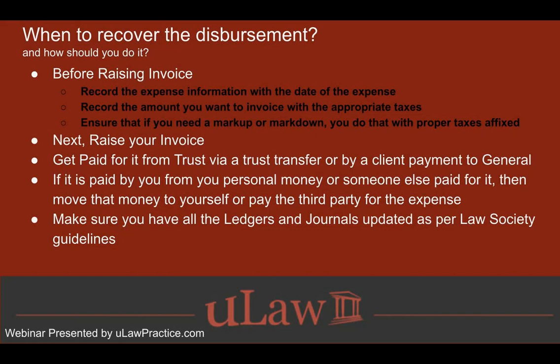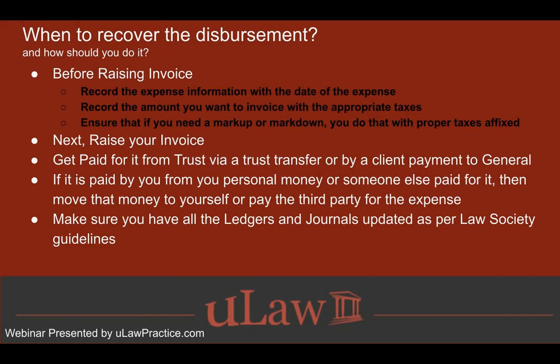I'm not willing to confuse here, but I'm just looking to share the point of view that if there is a payment out of your general account for this disbursement purpose, it has gone out of your general and you should be recording it as a disbursement paid out of general. It cannot be disbursement paid out of trust just because you have transferred the money for that amount from trust to general. That comes later, or that part comes later on.